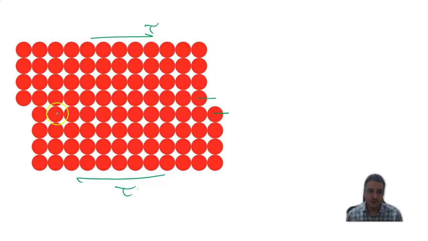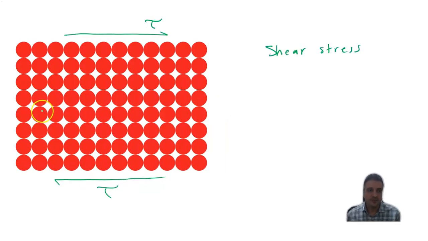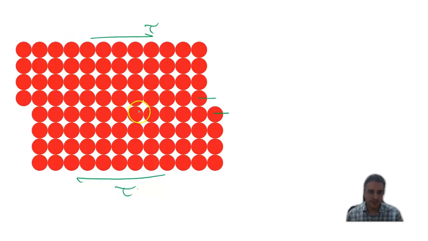But for moving these two crystallographic planes with respect to each other, we have to break a lot of atomic bonds at the same time. For example, in the previous slide we have these atomic bonds, and we have to break all these atomic bonds to move these two planes with respect to each other.